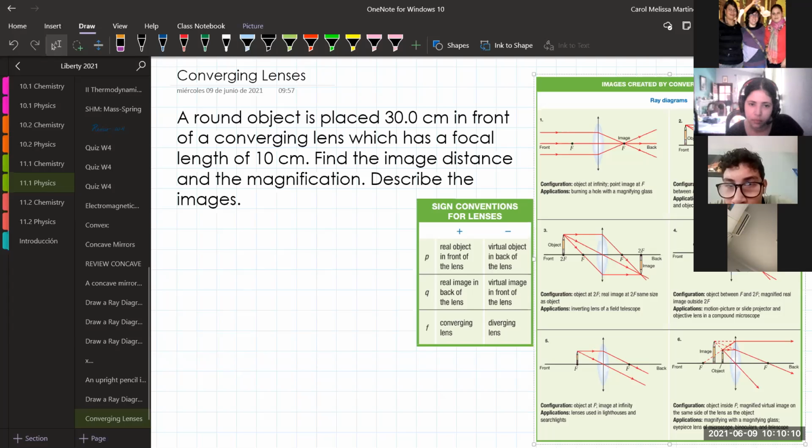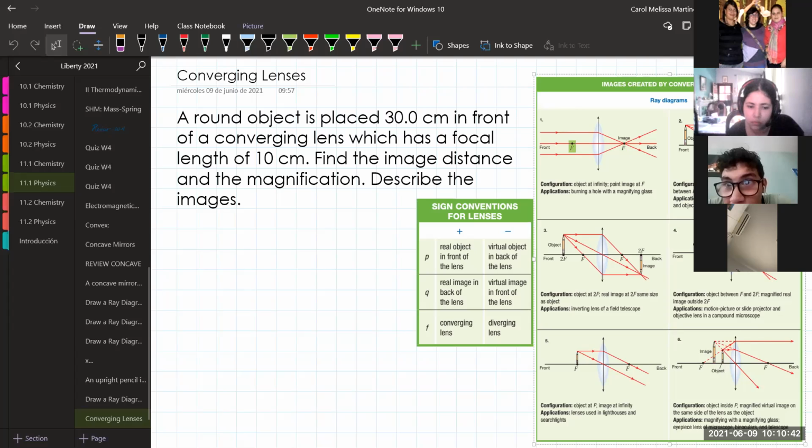Let me see. Okay, so we're talking about a round object. Remember what I said about the thin lenses. The thin lenses have focal point in the two sides of the lens. As you can see in the ray diagrams that I shared with you, you have the focal point right there in front, but also in the back of the lens.